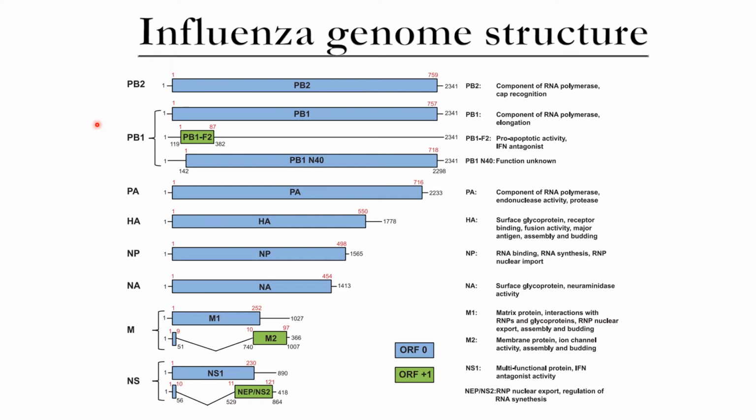The influenza B virus genome is similar to that of influenza A virus. Again, 8 RNA segments code for one or more viral proteins, with the 3 largest RNAs coding for the polymerase proteins, the 4th RNA for the HA, and the 5th and 6th RNAs for the NP and NA respectively.